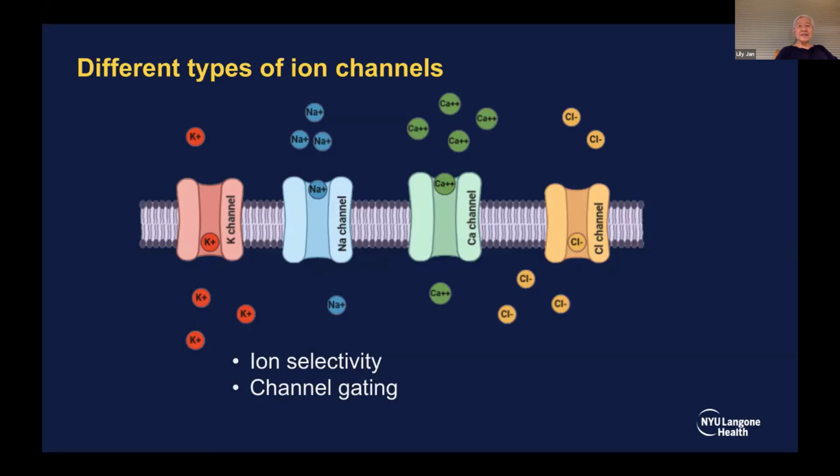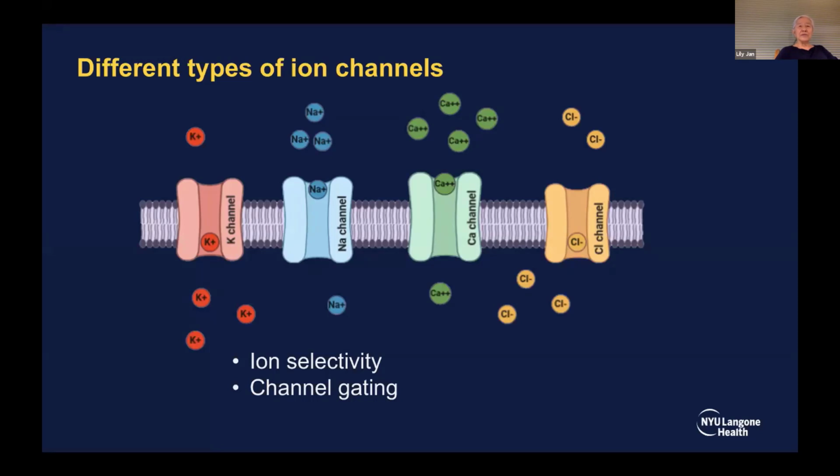And besides ion selectivity, the channels may differ in their gating mechanism. Some are voltage gated, so they can only open at a certain range of membrane potential. Some are gated by binding to calcium or calmodulin. Some are ligand gated.